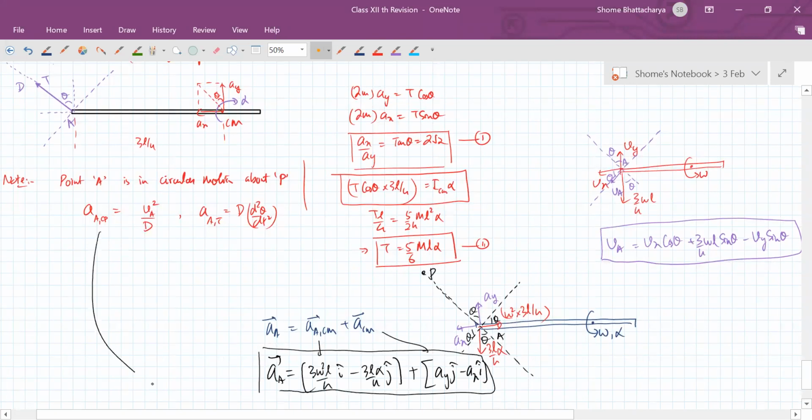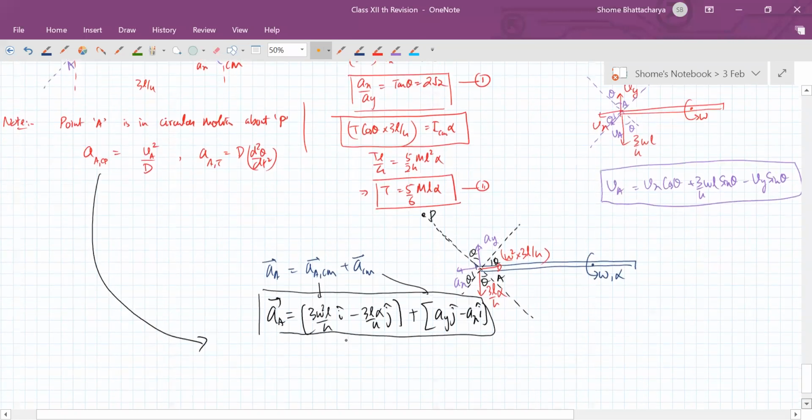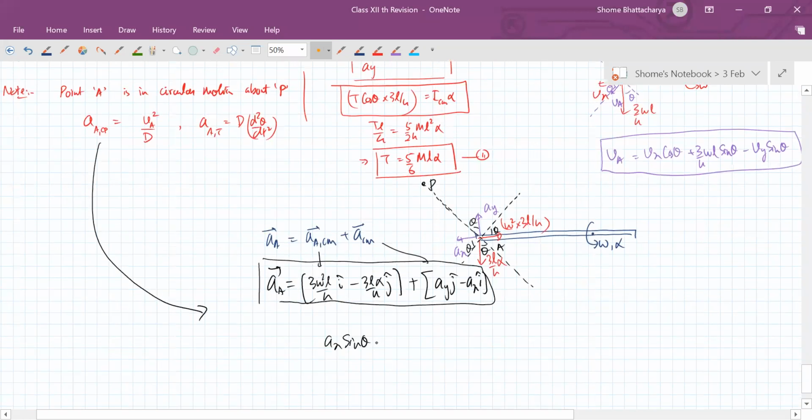So when we incorporate this thing over here now, we can see that the net acceleration towards the center, that will be AX sine theta plus AY cos theta, okay, minus 3 omega square L by 4 sine theta minus 3L by 4 alpha cos theta. This should be that centripetal component of A's acceleration. So this should be equal to VA square by D.